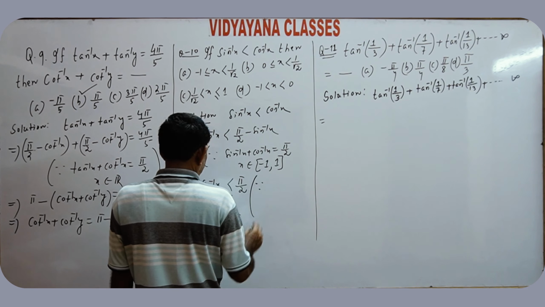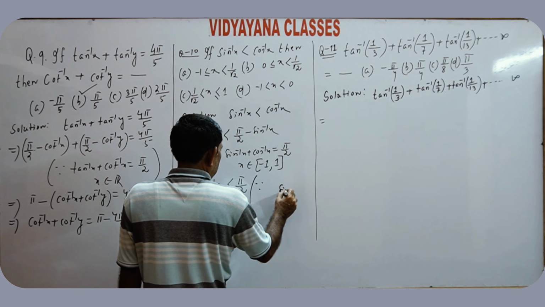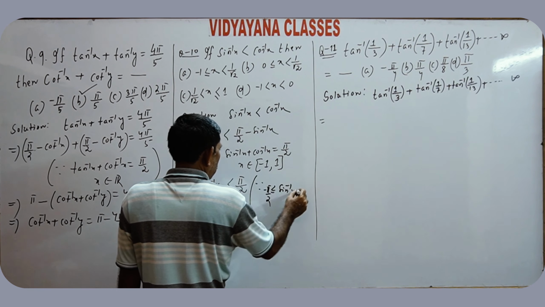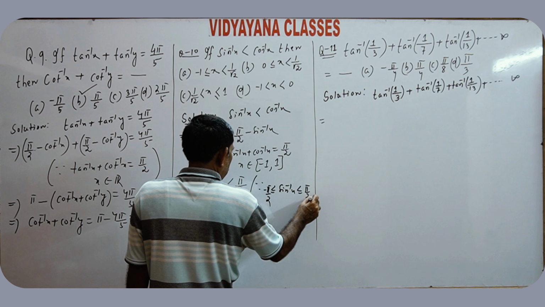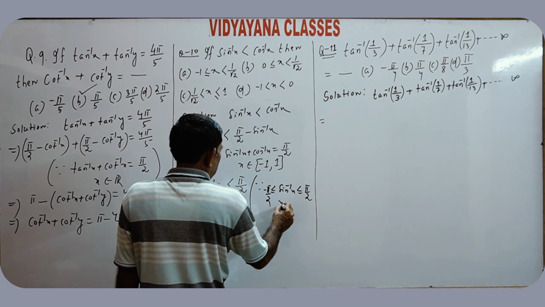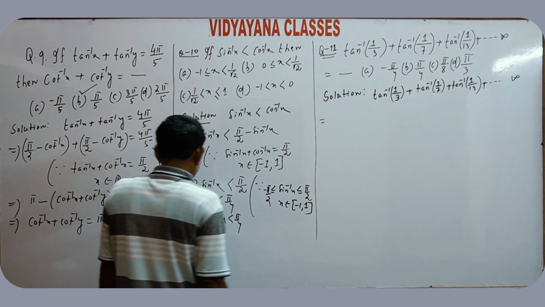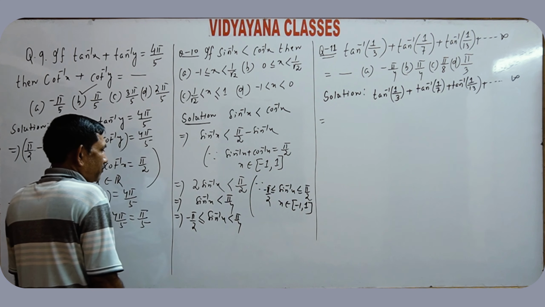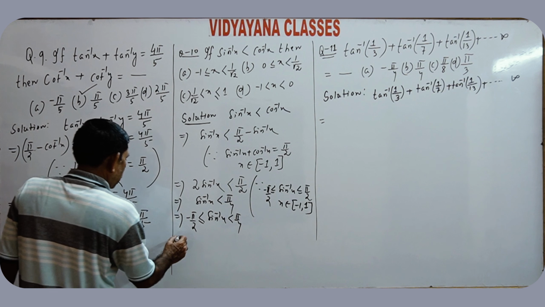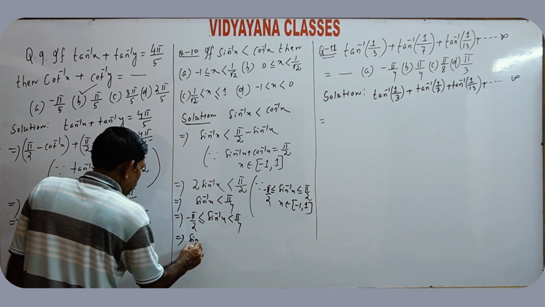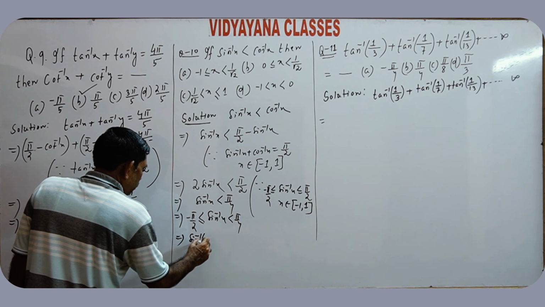Since sin inverse x is greater than or equal to minus pi by 2 and less than or equal to plus pi by 2, x belongs to closed interval minus 1, 1. Clear? Minus pi by 2 can be written as sin inverse minus 1.